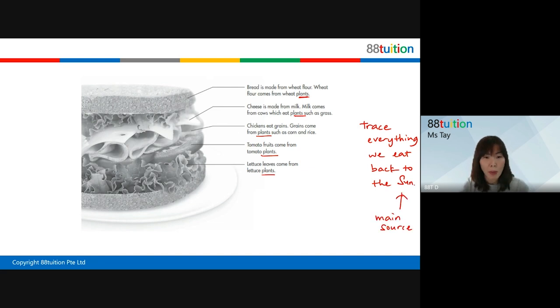Some of you may be thinking, but tigers only eat the other animals, right? But the other animals you can also trace back to the plants and eventually back to the sun. So all these you got to know. Everything that we are eating will be traced back to the sun. The sun is our main source of energy. This is being asked even in PSLE questions, MCQ. So it's a 2-mark question.